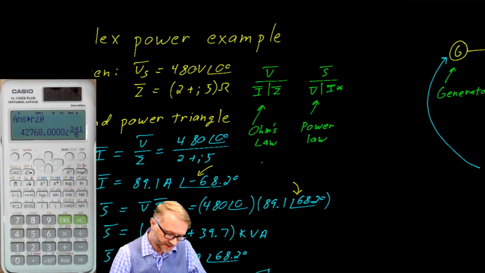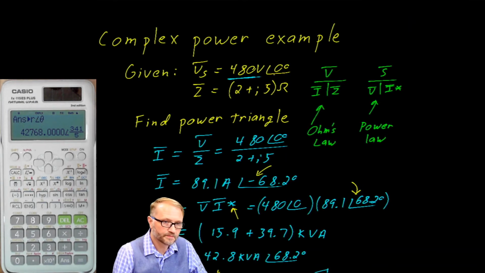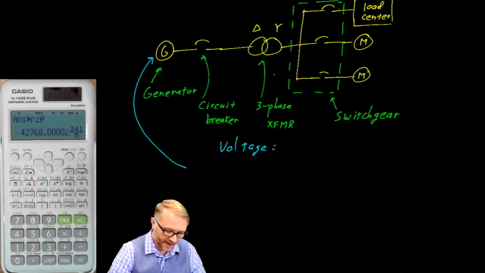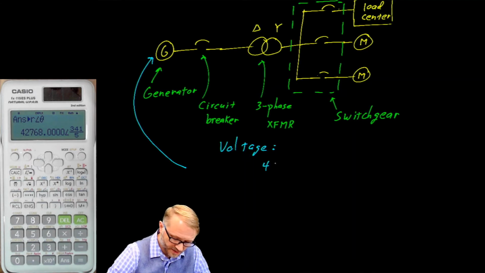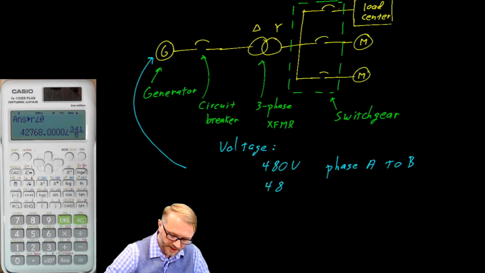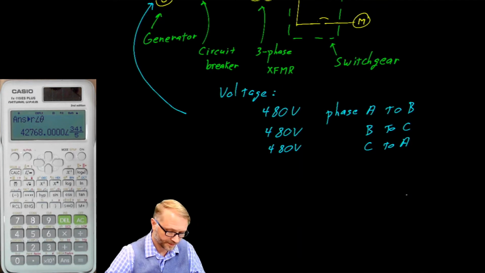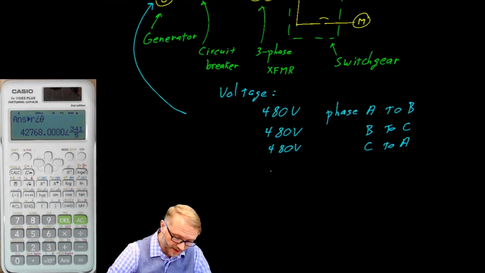And because this is a 480 system, that would be 480 line to line. So 480 volts, phase A to B. There would also be 480 volts B to C and 480 volts C to A. But we're not done. We could also read 277 A to neutral.